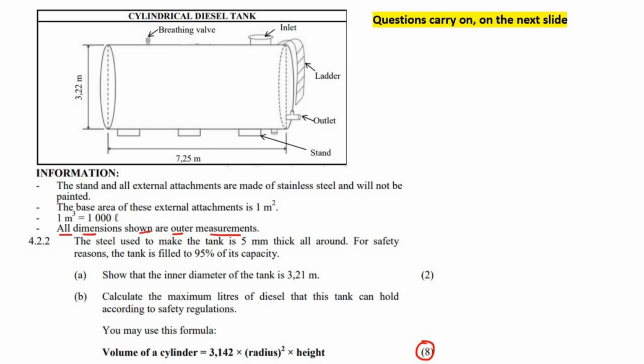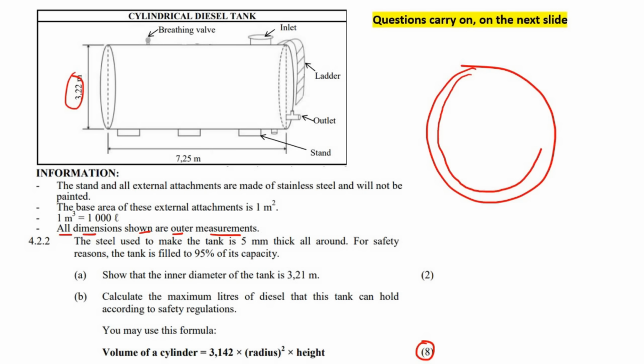So for example, this 3.22 is not the distance we are going to use for our tank, because remember that the tank, if you look at it from the front, has some type of wall, okay, like the steel wall needs to have a certain amount of thickness. And so they've given us that distance as 3.22, but that's not the distance where the liquid is going to go. The liquid only goes over here. And so we already worked out that distance is 3.21 meters in one of our previous questions.